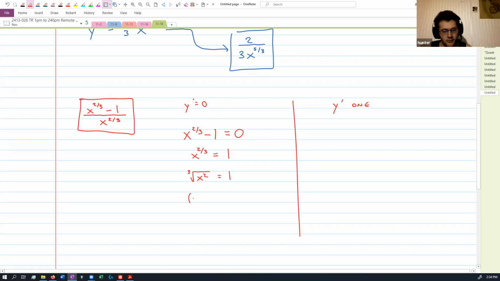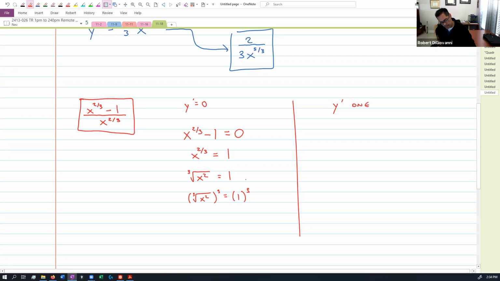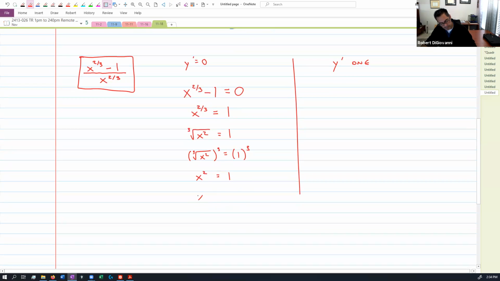Cube both sides, it's going to be 1, which will still give you 1 on the right. And then the square root would give you plus or minus 1. So when we do the square root now, you do plus or minus. Everyone understand that? You need to cube both sides.